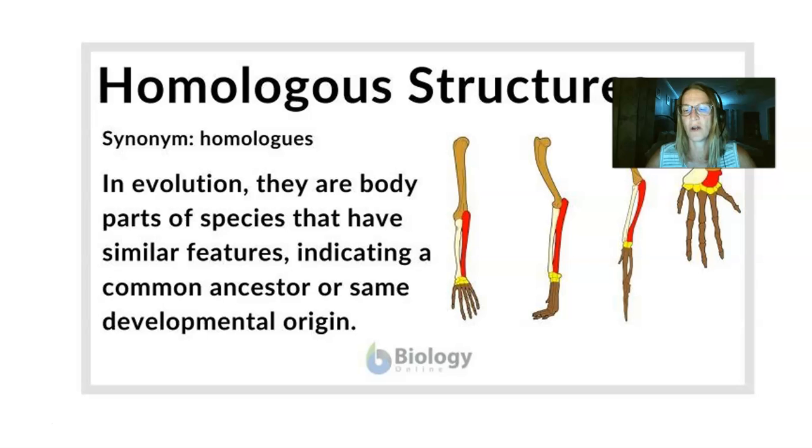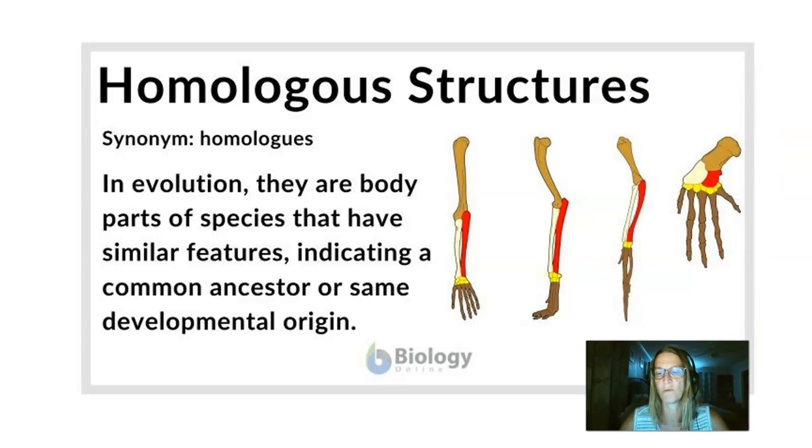Homologous structures are a really compelling line of evidence for evolution. Homologous structures are body parts of species that have similar features, and those similar features indicate that there was a common ancestor that had those features, and that common ancestor then diverged into different groups.